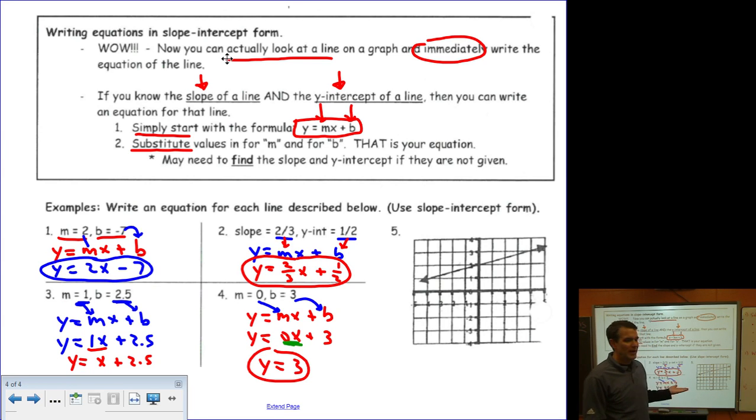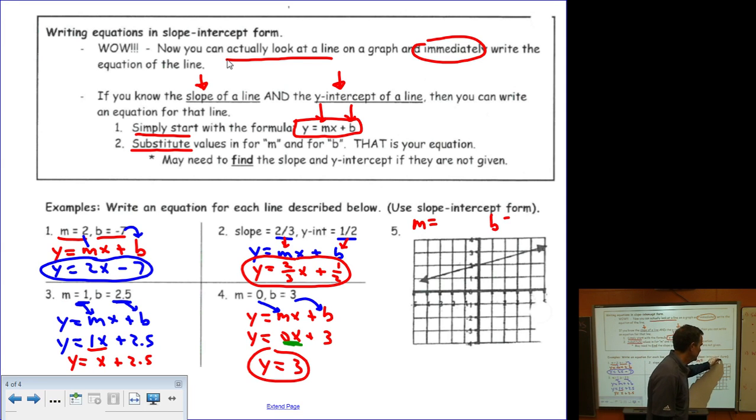All right, our last example is actually the graph of a line. Can we look at the graph of a line and write the equation for it? Well, if we're going to do that, we need to know 2 things. We need to know what's the slope of the line and what's the y-intercept. To find the slope, I would pick 2 points that are on the line, and I would make my triangle.